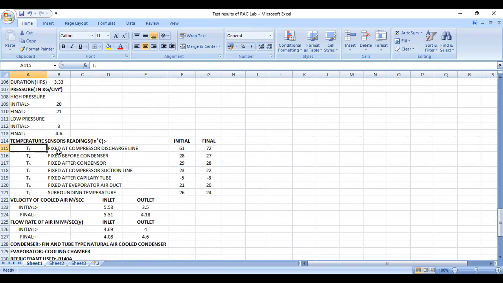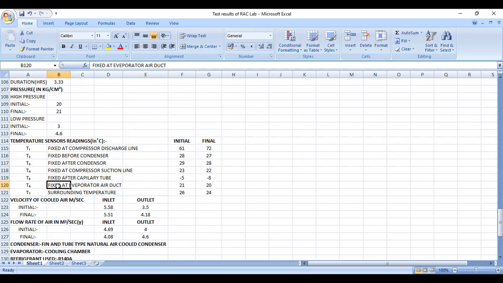The temperature sensor readings in degree centigrade: T1, fixed at the condenser discharge line, 61 and 72. T2, fixed before the condenser, 27. T3, fixed after the condenser, 29 and 28. T4, fixed at the compressor suction, 23 and 22. Fixed after the capillary tube, 58 initially and -5.